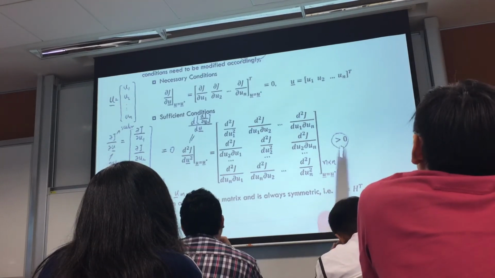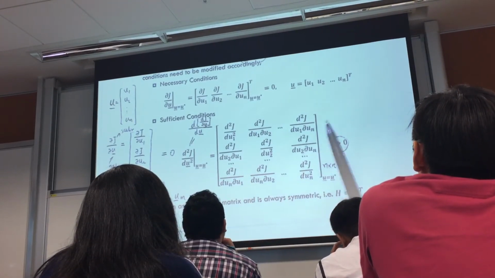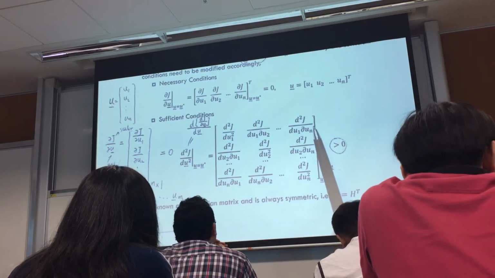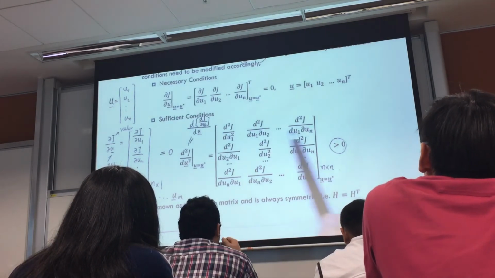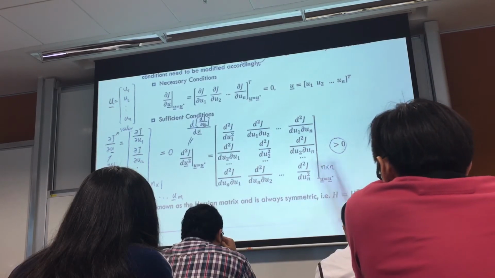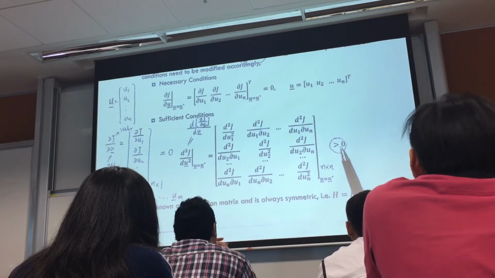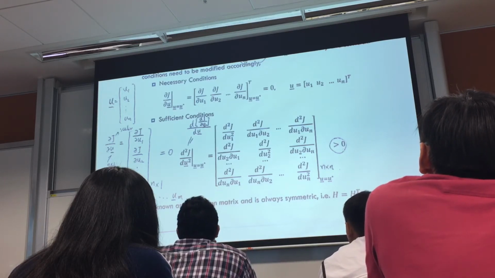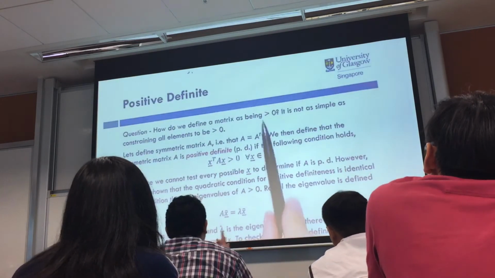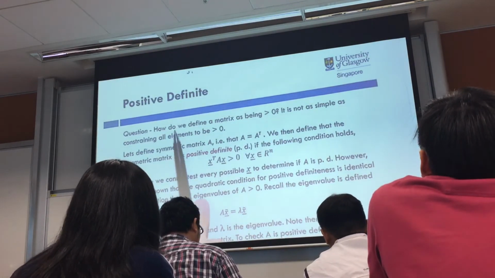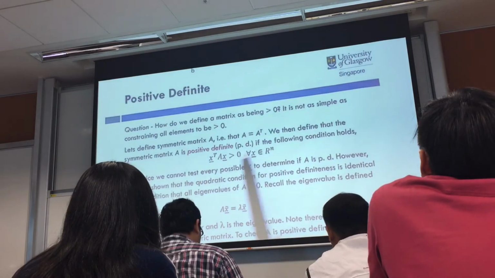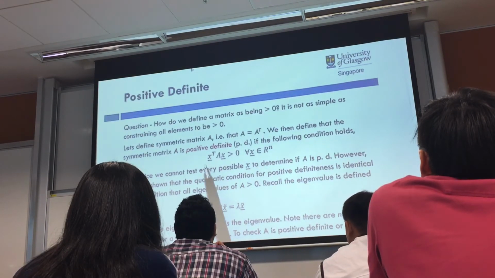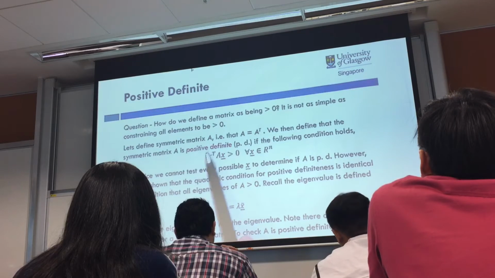Definitely it's not to require all the components to be greater than 0. If all of these are positive, it doesn't mean your matrix is greater than 0. For a matrix to be greater than 0, it's defined to be positive definite.